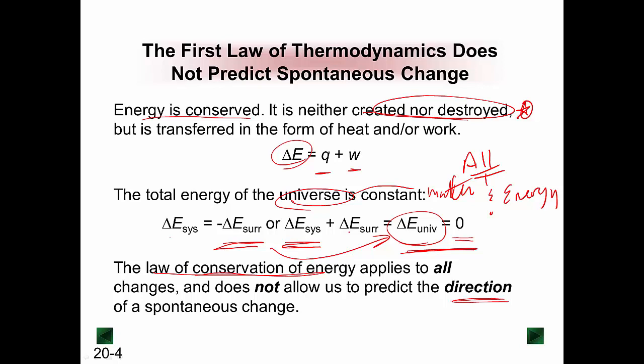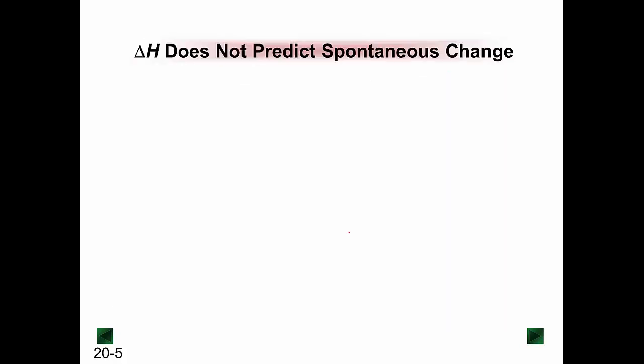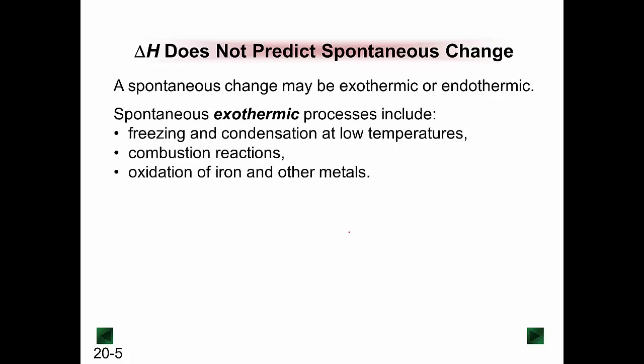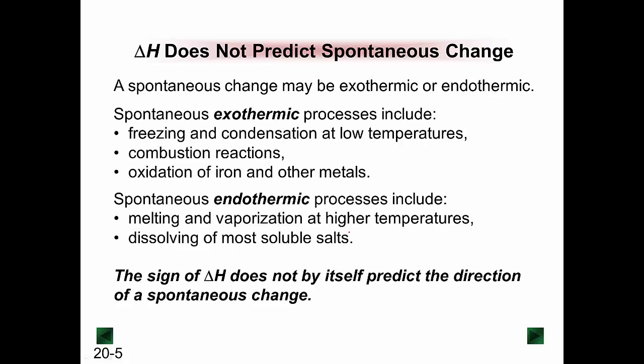Now, also, when we talk about enthalpy change, sometimes we tend to think of enthalpy change, or delta H, as a predictor of a spontaneous change, and it turns out that it does not predict that.